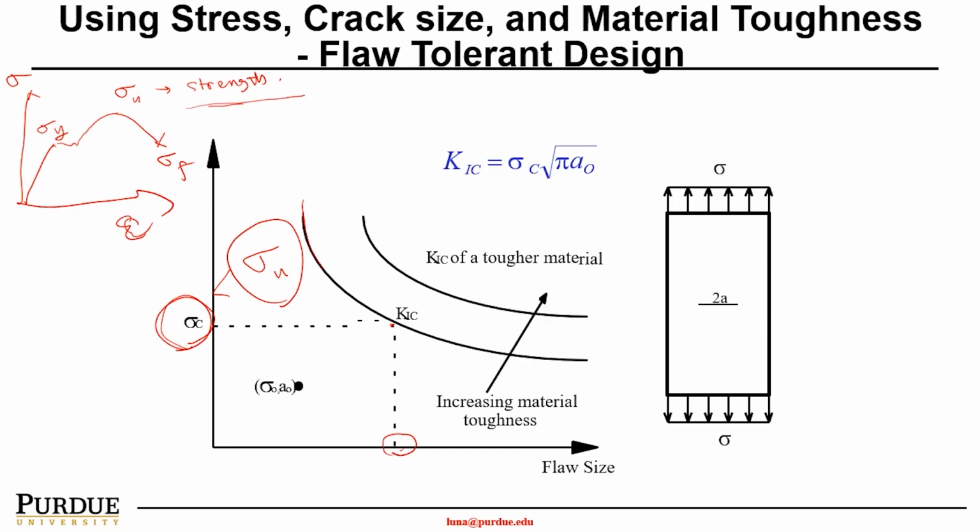That's what we call the newer design, flaw-tolerant design. In this case, we pre-consider the existing fractures or defects in the material. We use K1C as a design parameter rather than the ultimate strength of the material.